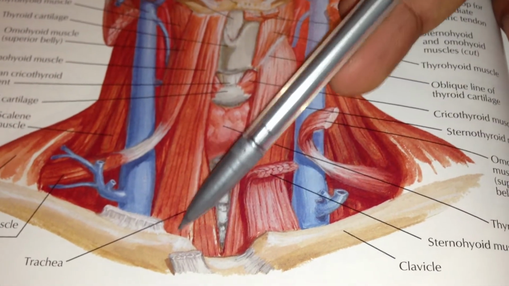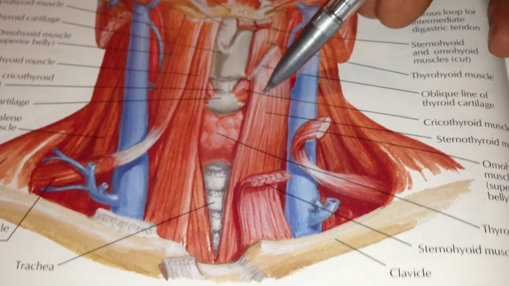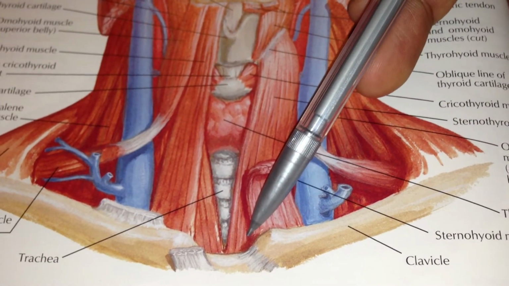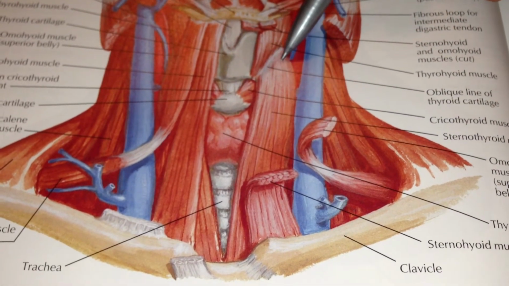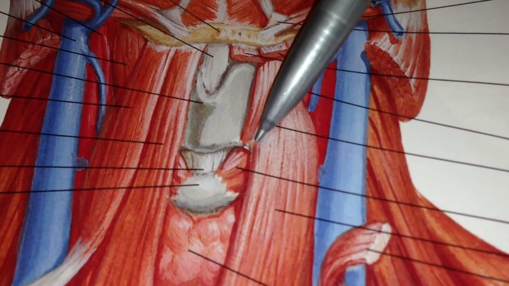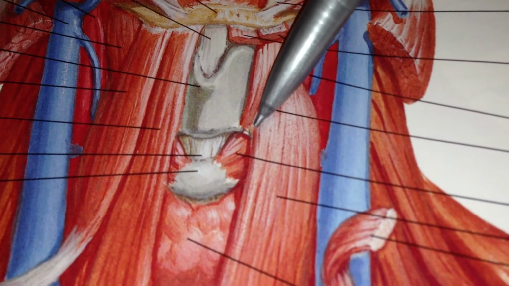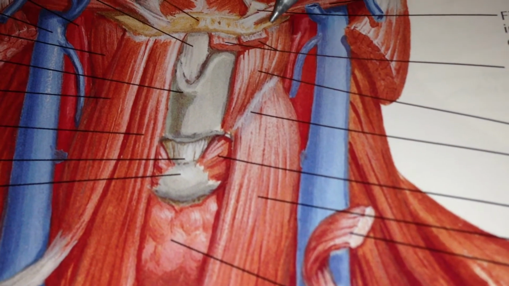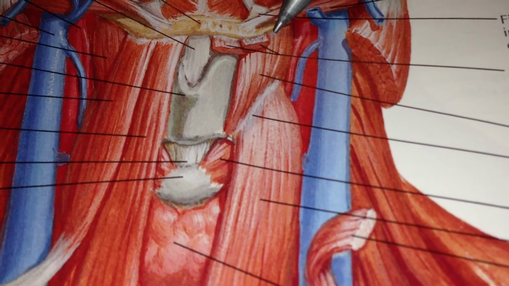Once you cut off your sternohyoid muscle, you're going to see your sternothyroid muscle right underneath it, which will be going also from the manubrium of the sternum, and will insert onto the oblique line of the thyroid cartilage, and then originating from the oblique line of the thyroid cartilage, you're going to have your thyrohyoid muscle, which will insert to the lateral 1/3 of the hyoid bone and the greater horns of the hyoid bone.